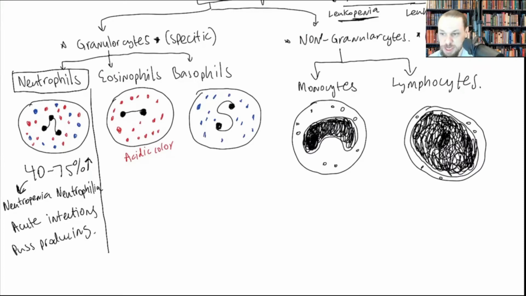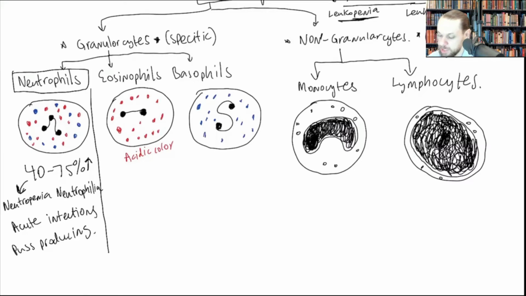So you may have, for example, streptococcus or staphylococcus infection, which produces pus. Neutrophils would be the first white blood cells that rush to the site of that bacteria, right?